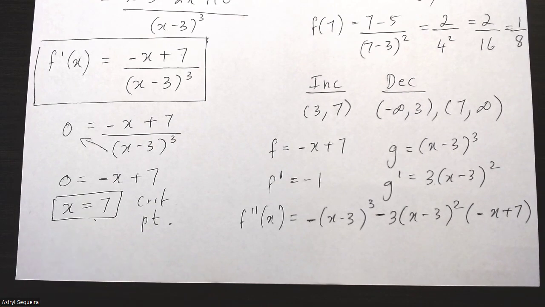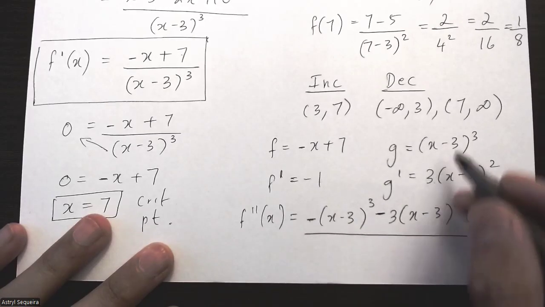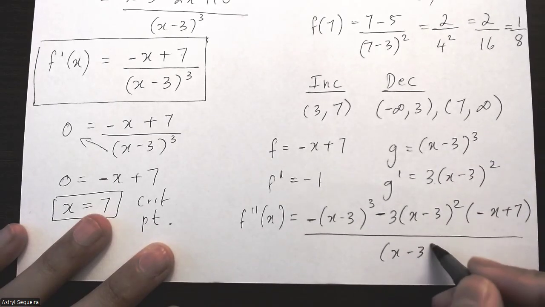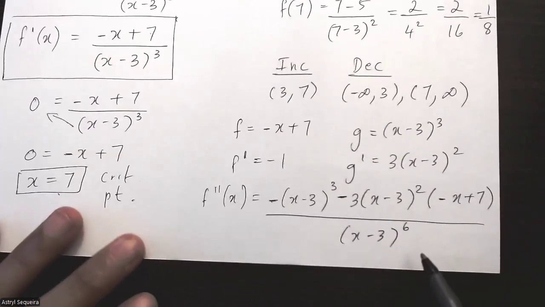And then what I want to do is divide this by g squared, which is x minus 3. And now the exponent becomes 6 if I square that.